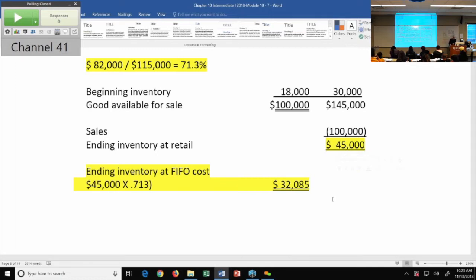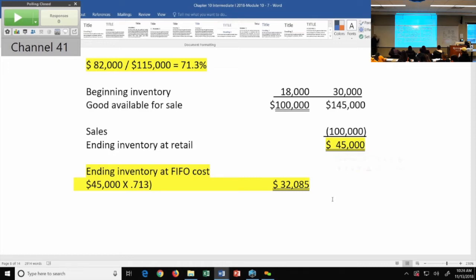All right, so let's go to the LIFO basis. This is exercise 4 on page 9. And we have to separate out each layer and price the layers accordingly. The layers will be beginning inventory plus the increment or minus the decrement. So when we look at LIFO retail, it's got the same logic.